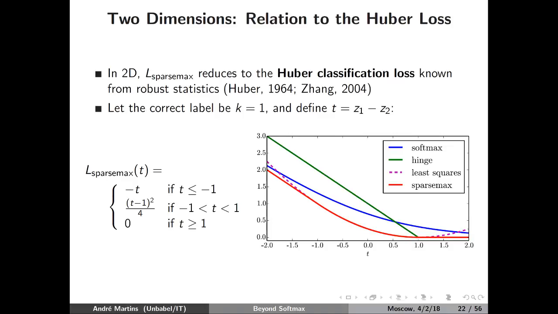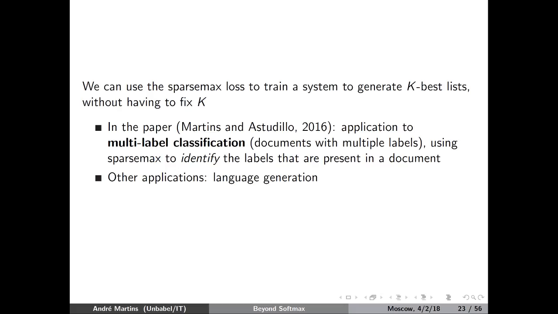And so the next idea that we tried out is, now that we have this loss function that can give you a probability distribution that is sparse, you can use this loss function to generate something like a k-best list. For example, if you have a very large set of labels and you want to generate a small number of labels, let's imagine a document classification problem, but where you can have more than 1 label for the same document.